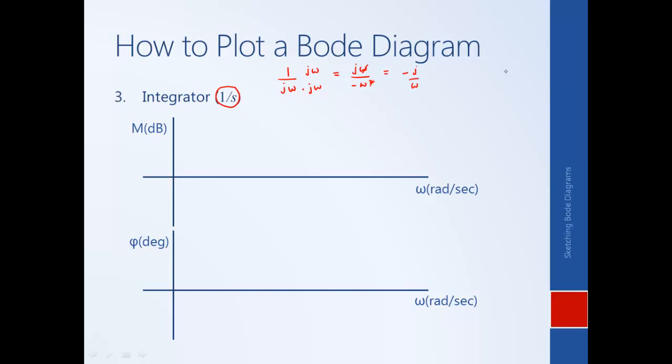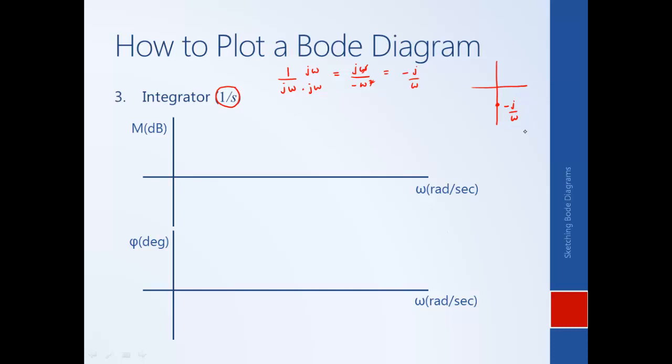So if we plot this in the complex plane, we have a point on the imaginary axis in a location like that. And you can think about what happens to the magnitude and what happens to the phase as we change omega, as we change the frequency of the sinusoidal input into our system.